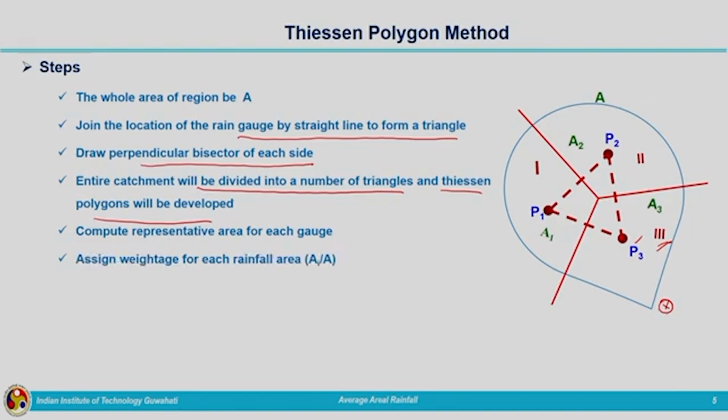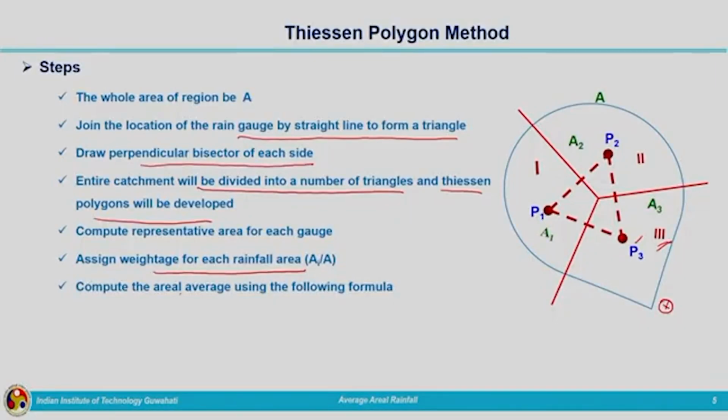After that, we will assign a weight for each rainfall area: each Thiessen polygon area will be divided by the total area of the catchment. The ith Thiessen polygon area is Ai, and that will be divided by the total area A to find the weight corresponding to the ith Thiessen polygon.